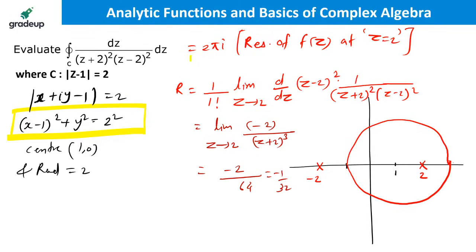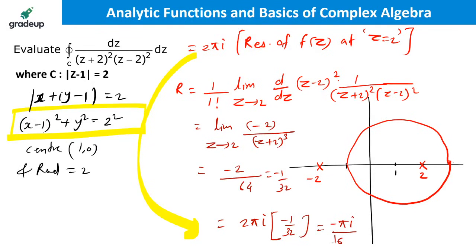So the answer will be 2 pi i times that, so this will be minus pi i by 16.